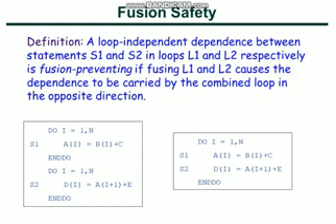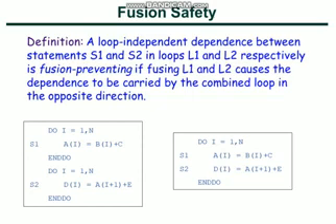Now loop fusion is not always safe. So whenever we have two loops, we cannot blindly fuse them. Before fusing or combining two loops, we have to check for safety. So how to check whether fusion of loops is safe or not? The definition is given here.